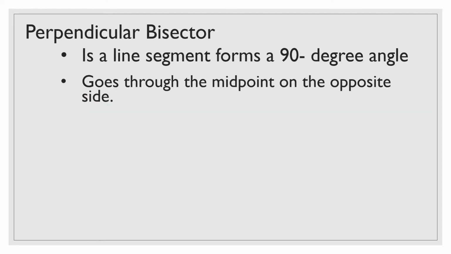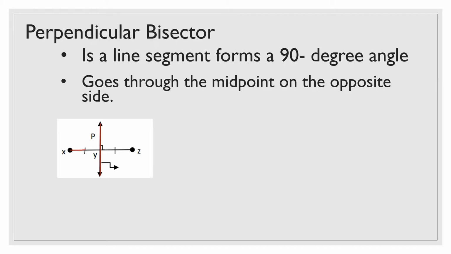Ano naman ang tinatawag natin na perpendicular bisector? It is a line or a line segment that forms a 90-degree angle, and it goes through the midpoint on the opposite side. Okay, so let's consider the first figure. On the given figure, ang perpendicular bisector natin dito ay ito. It will intersect segment XZ.